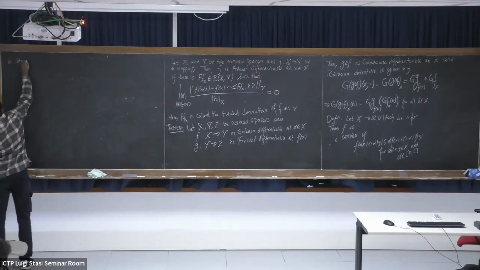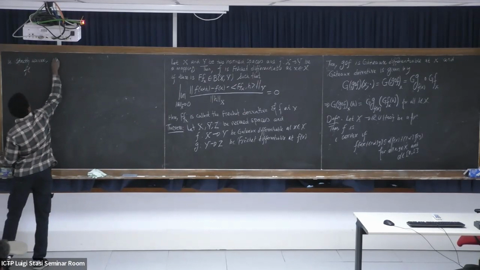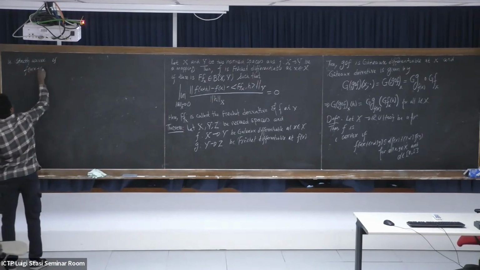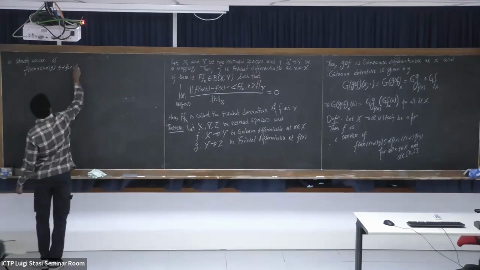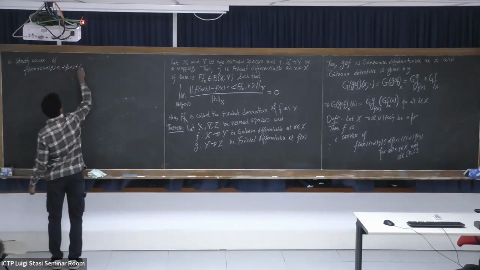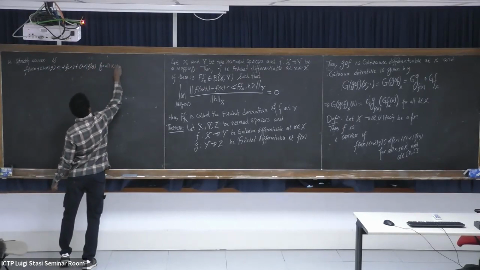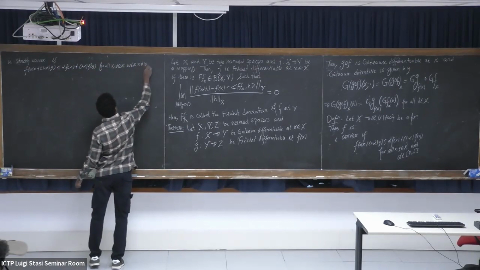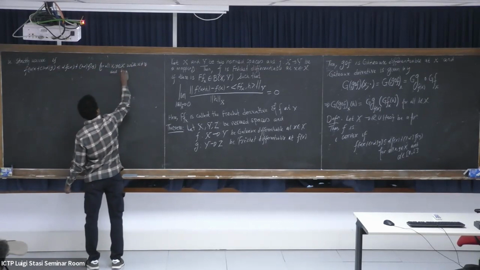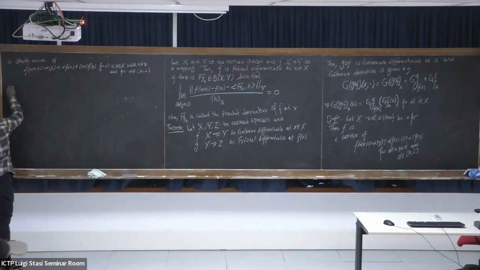Strictly convex. Strictly less than. The third one is: alpha is strongly convex.